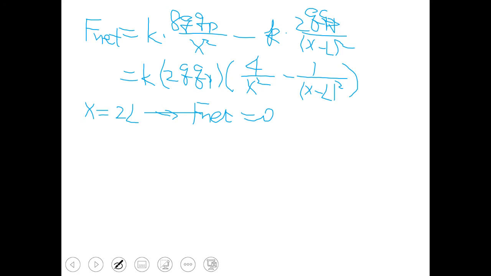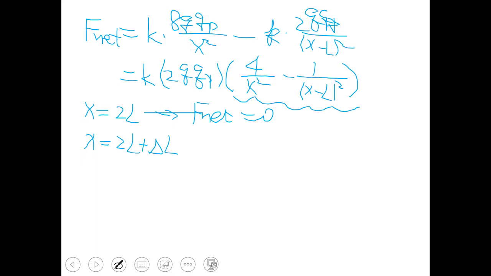Now suppose you put x equals 2L plus delta L, you move it a little bit to the right side. You can find that this one is positive.